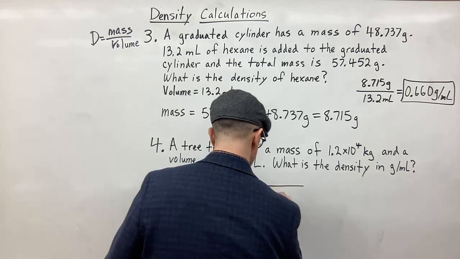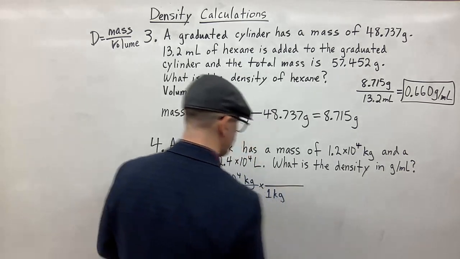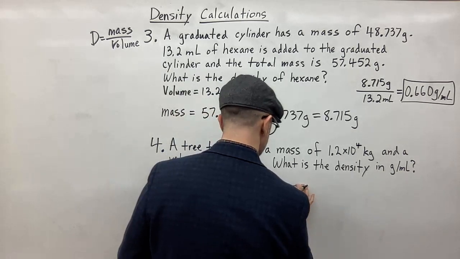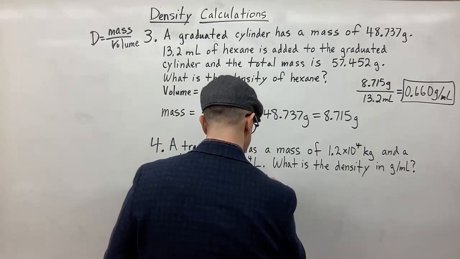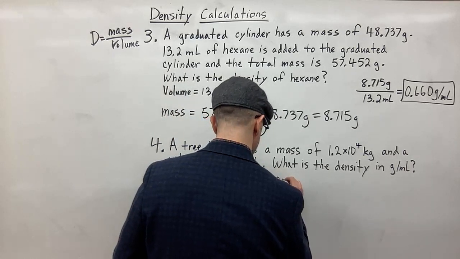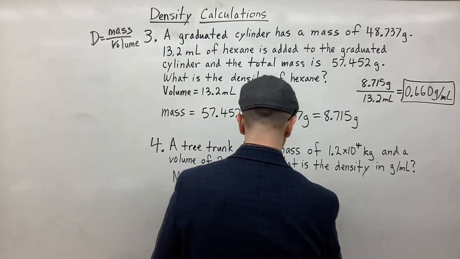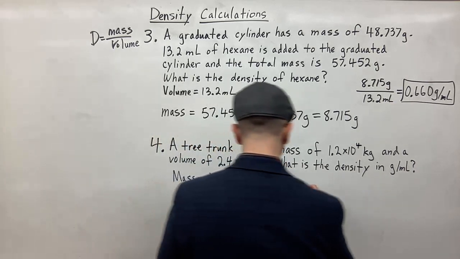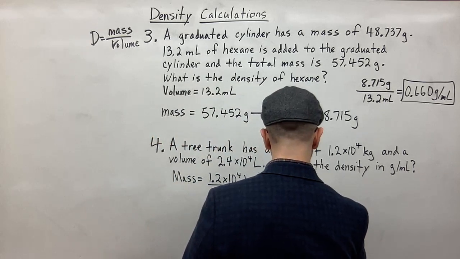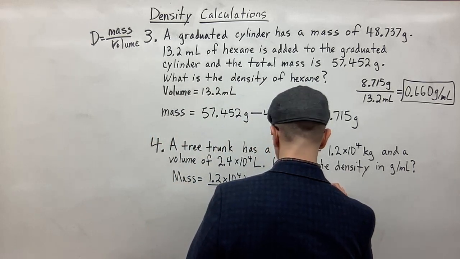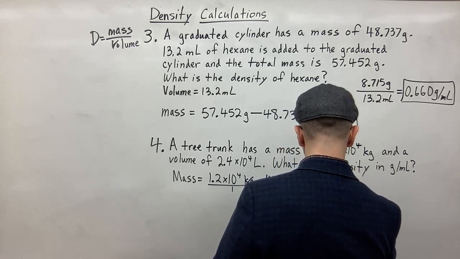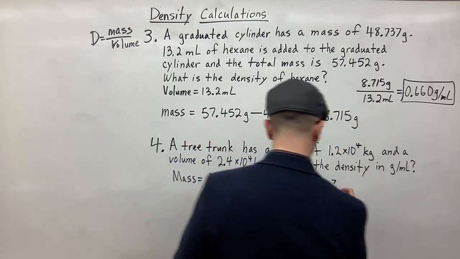So 1 kilogram is on the bottom, and 1,000 grams on top. So kilograms cancel out, and then I end up with 1.2 times 10 to the 7 grams.